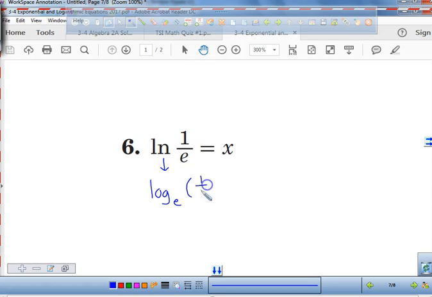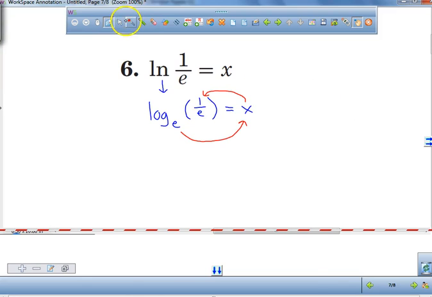And we'll put 1 over e equals x. What I'd like you to do right now, on your own, is change that from logarithmic form to exponential form.